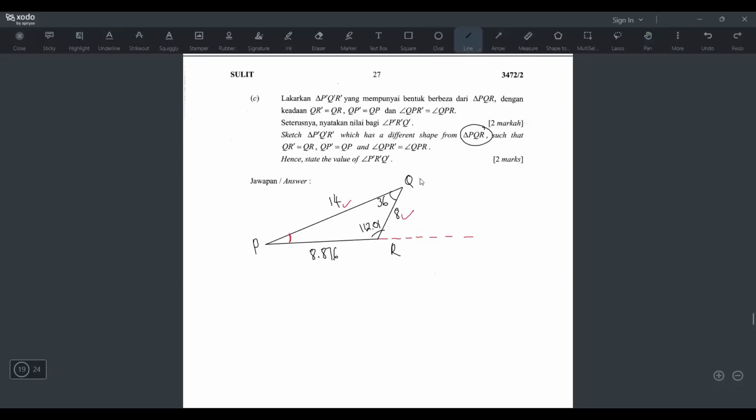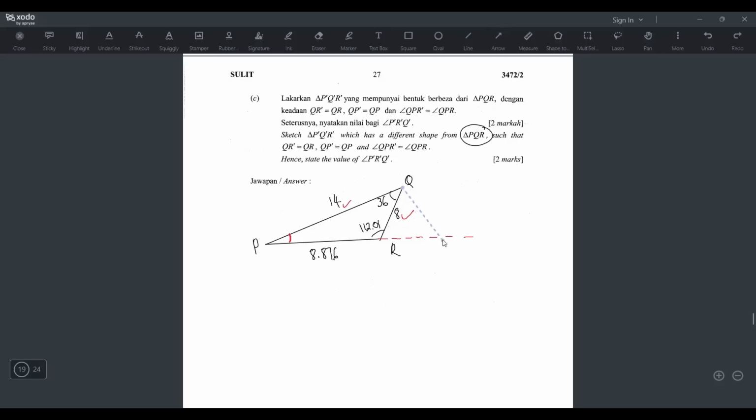Okay, so now let's start moving it. So you move until where? Okay, when you move down like this, it will go down because you have to fix 8 cm. So when you move, mesti you go down. It's like a circle lah. It's like Q is the center of the circle, 8 is the radius. So you'll move like that. So it's like all the way 8 cm, 8 cm, 8 cm, and you will move until you reach here.